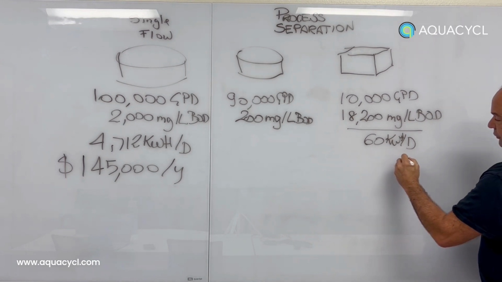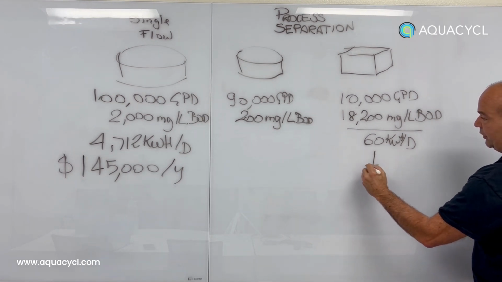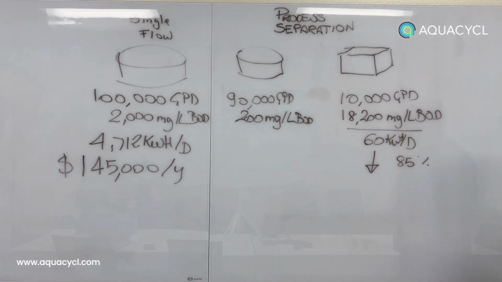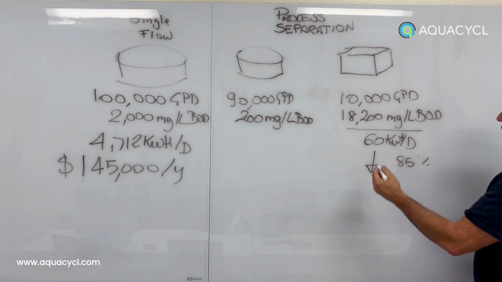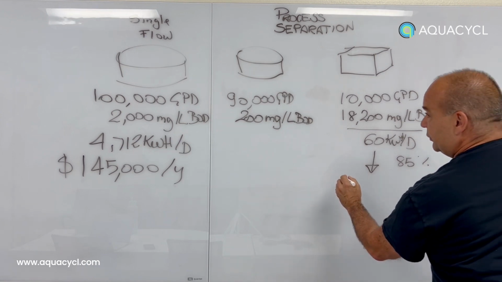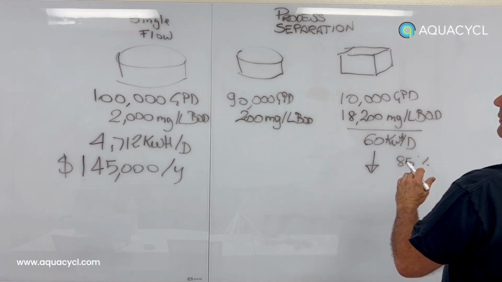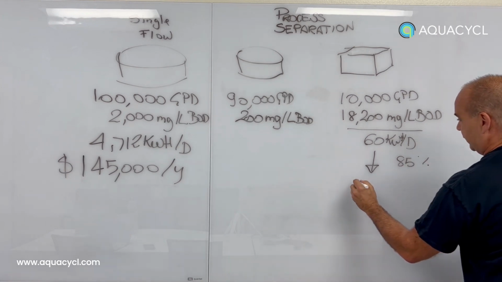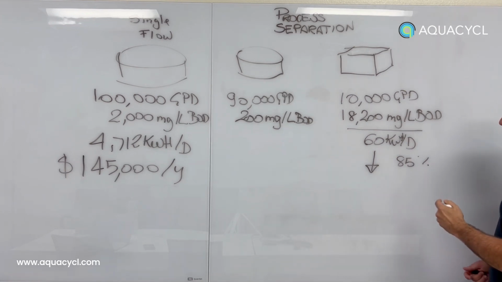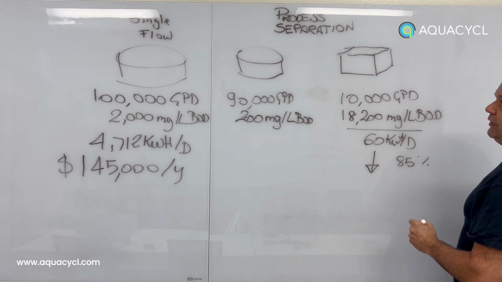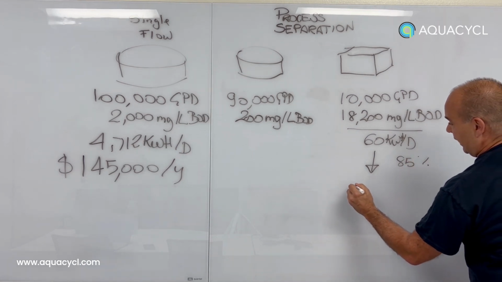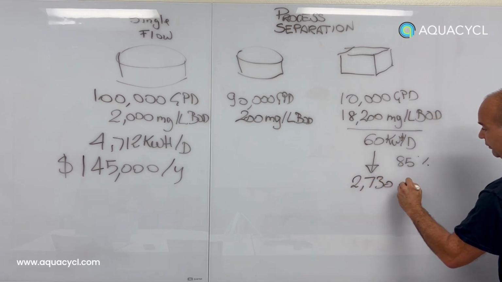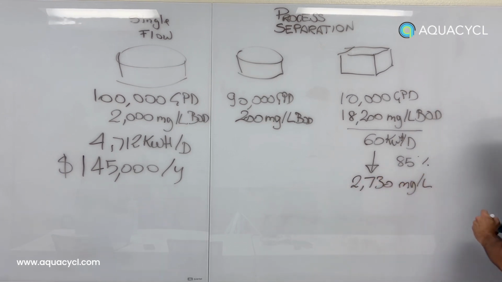Let's imagine that after the treatment, we managed to remove 85% of that BOD, so we have a remaining concentration of 2,700 milligrams per liter of BOD.